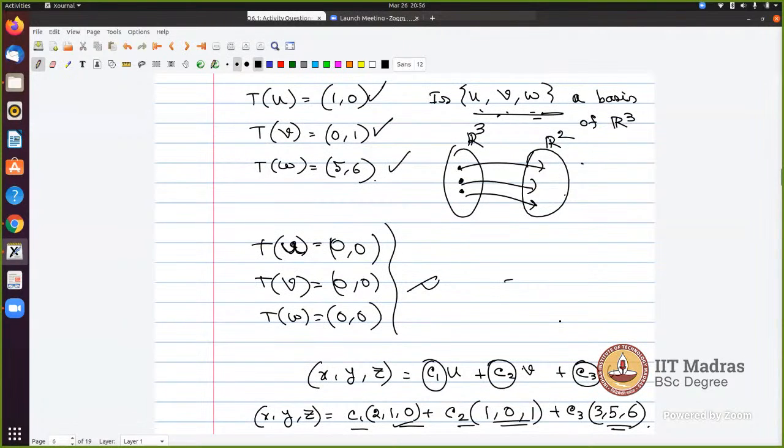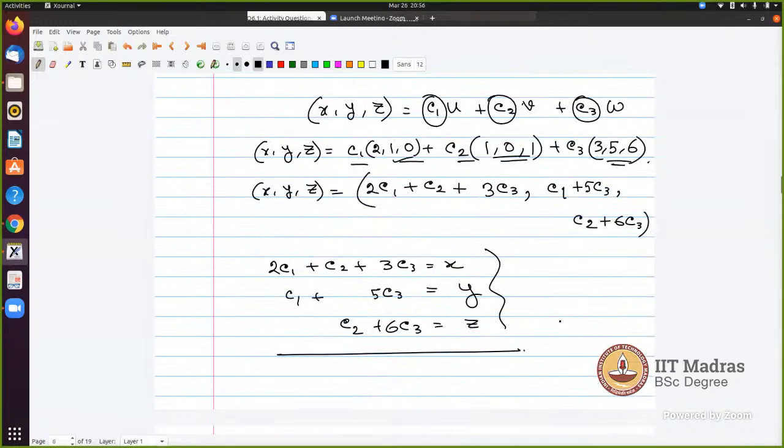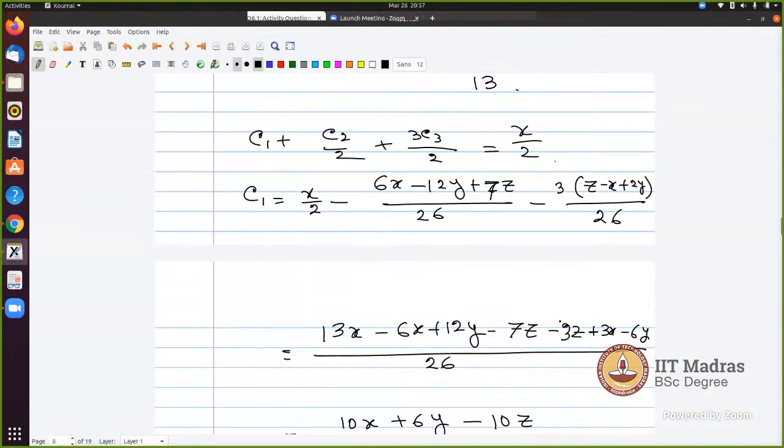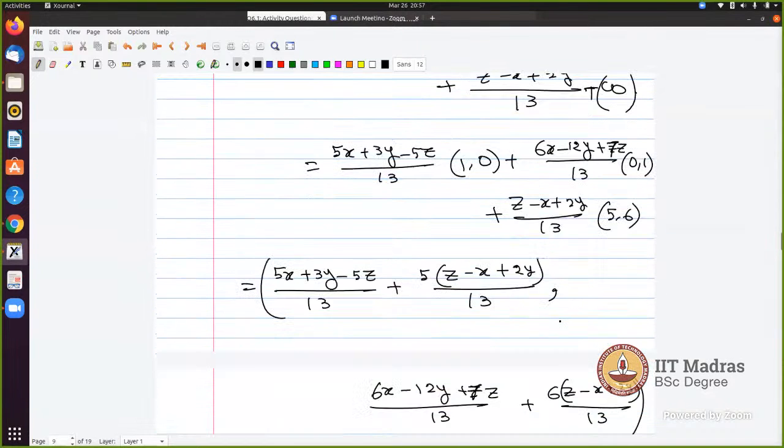Suppose we choose a different basis for the domain. Then we'll get a different matrix. So that matrix will also have the same null space as that of the transformation. Is that what you mean to say?